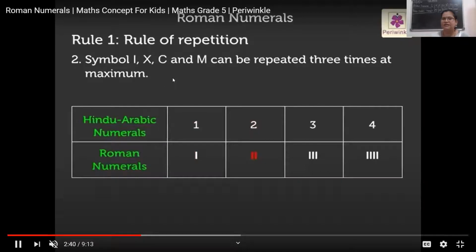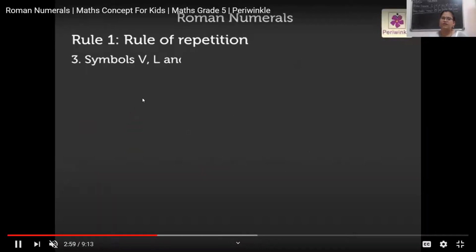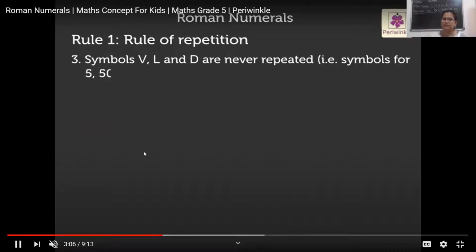So I stands for 1, II stands for 2, III stands for 3, and 4 doesn't mean IIII. For 4 we have a different symbol, IV. Okay, so the rule is that symbols V, L, D are never repeated. So 5, 50 and 500 can't be repeated.